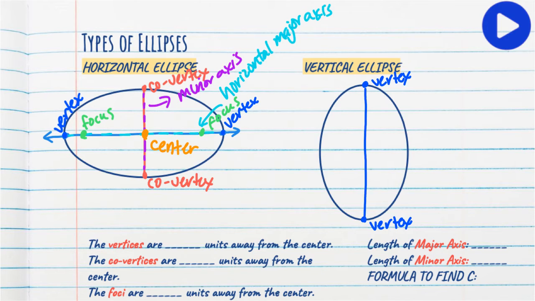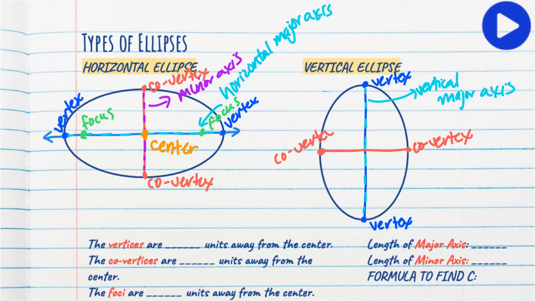So that would give you a vertical major axis, and that would give you a horizontal minor axis with a co-vertex here and here.